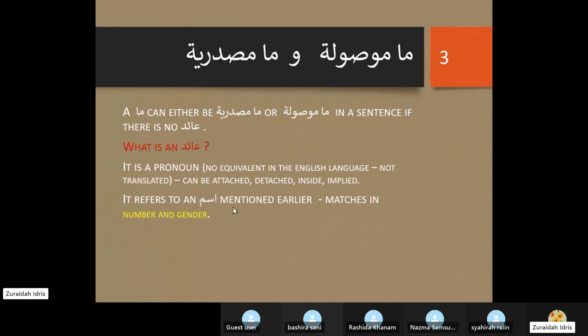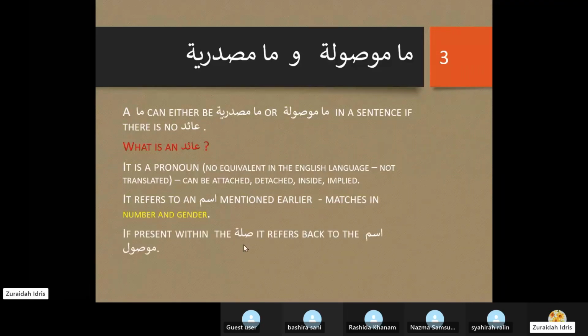These are all pronouns. So it refers to a name mentioned earlier, and it matches it in number. So you know what an isim is, right? It can be the name of a place, a person, a thing, an idea. We're talking about the whole thing, but it is represented by a pronoun.